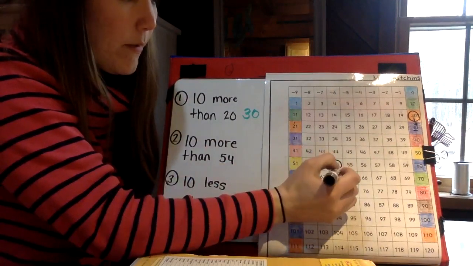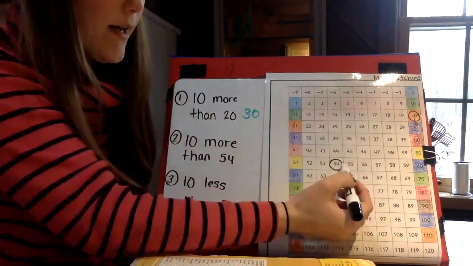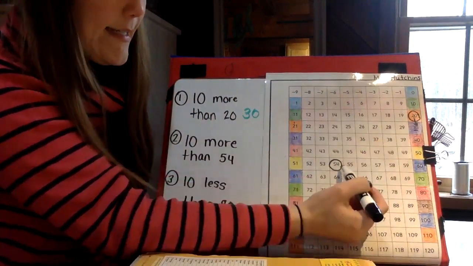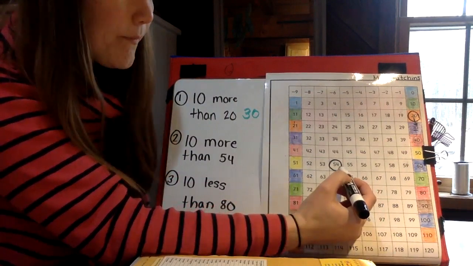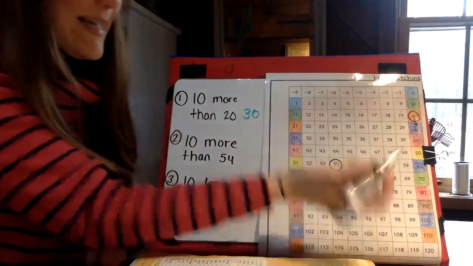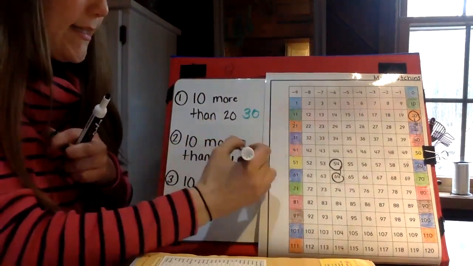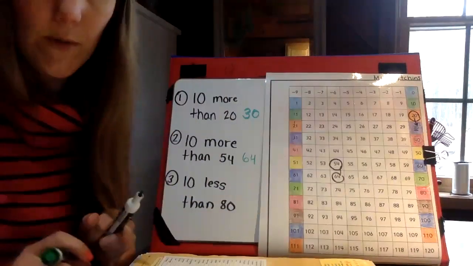That's the number we're working with. I don't want to lose it, so I'm going to circle it. 10 more than 54. Now I remember from when we added 10 more to 20, we just went down a row and that was 10 more. So I'm going to go down the row and I land at 64. 64 is 10 more than 54.